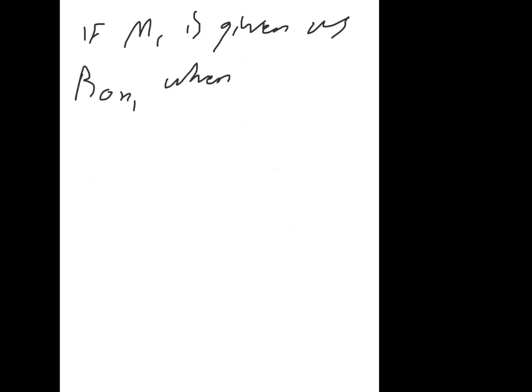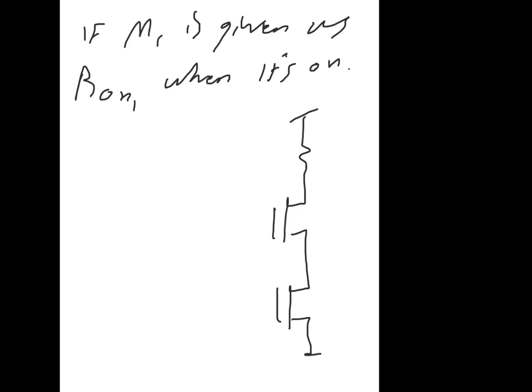So if M1 is given as R on when it is on, so we have this one: V local oscillator, V RF, and this is what we call the intermediate frequency, and this is the RD.